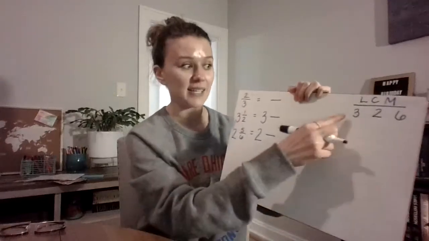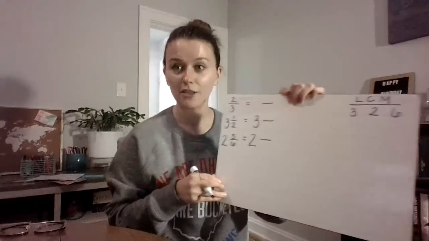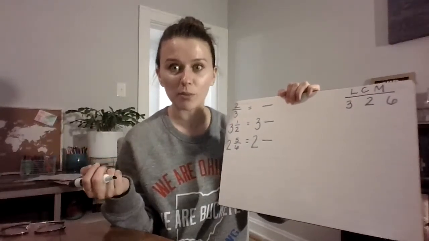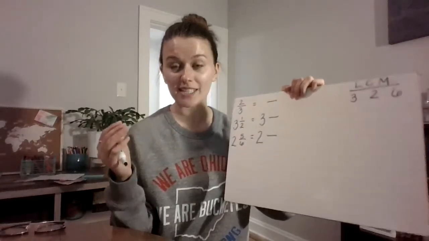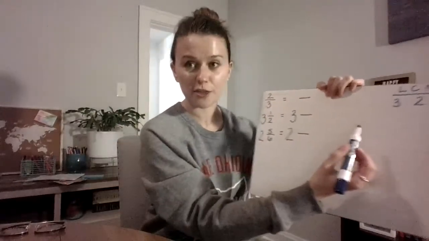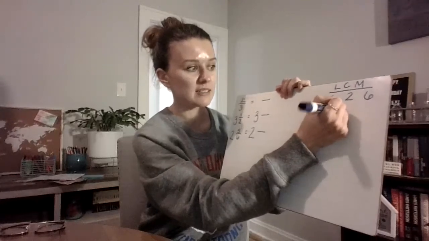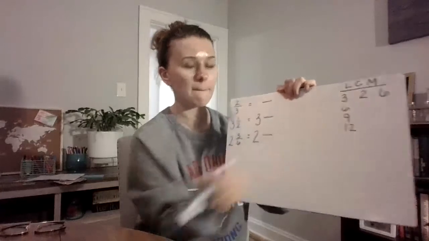So what I did is I wrote the digit for each of these denominators, 3, 2, and 6, and I'm going to list multiples of those numbers until I have a multiple that is the same for each one. So we start with 3, and we can list multiples 3, 6, 9, 12.